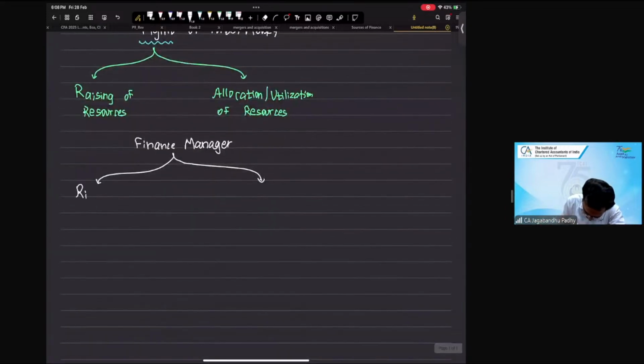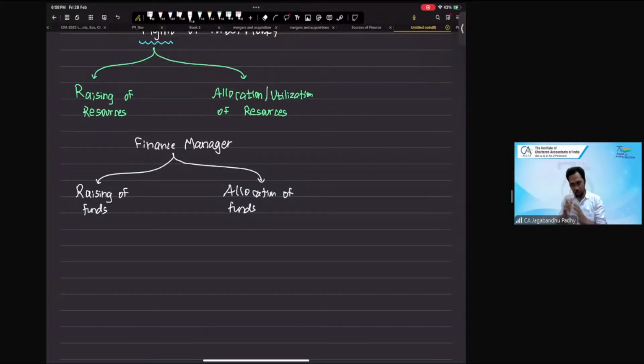One is raising of funds, and second is allocation of funds, right? So we're looking at two activities, getting funds and investing funds. So finance manager, we can say raising of funds and allocation of funds.